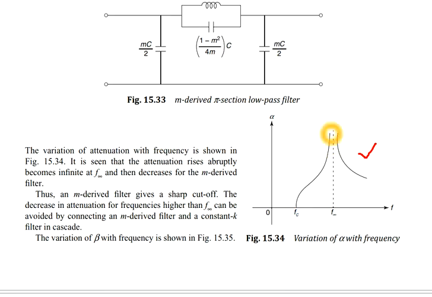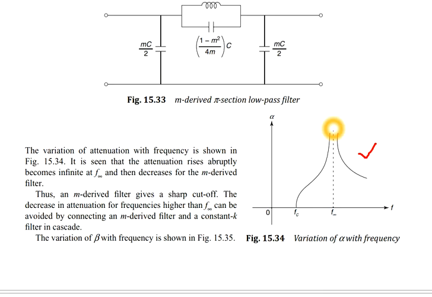The attenuation has to become very high in the stop band, because it has to attenuate. In the pass band it should be 0. Till the cutoff frequency it is 0, but after the cutoff frequency it takes a very small frequency band to reach infinite.